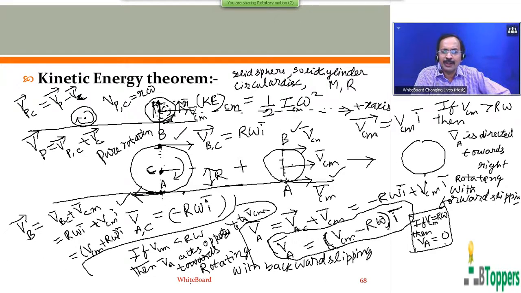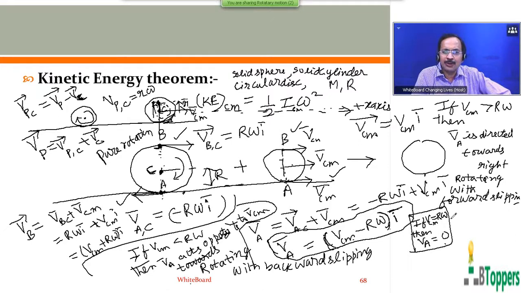That means VA bar will be directed opposite I bar, along negative x-axis, opposite VCM bar. The body is said to be rotating with backward slipping, and dynamic friction on the body acts towards the right side.